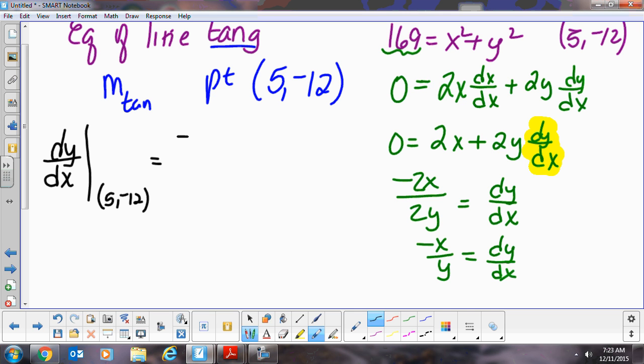So I'm going to have the opposite of x over y. What is my slope? 5 over 12. Riley, given the slope and given that point, how do we write the equation of the tangent line? Point slope, yeah. Good.